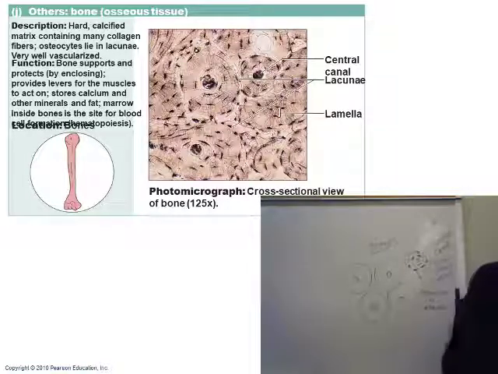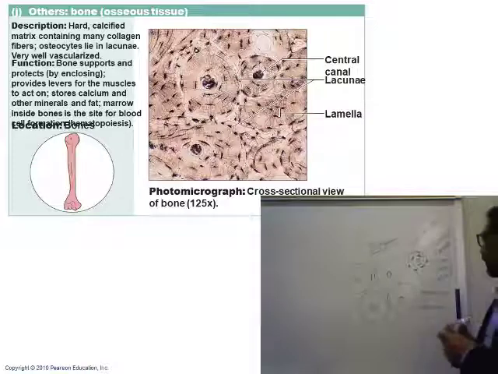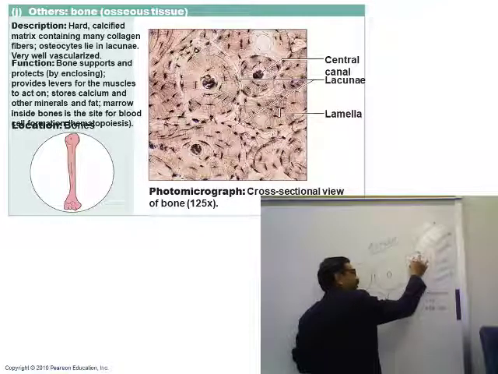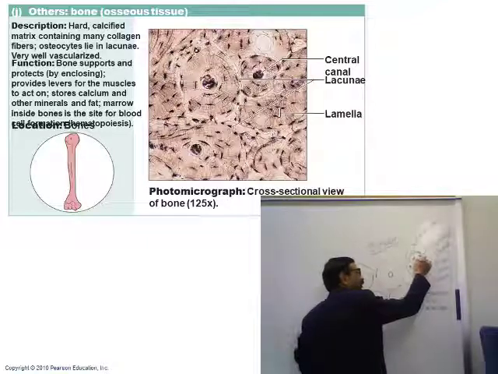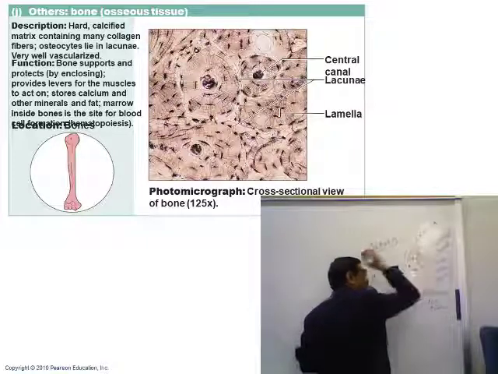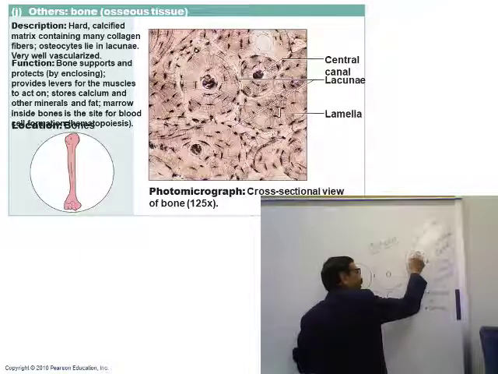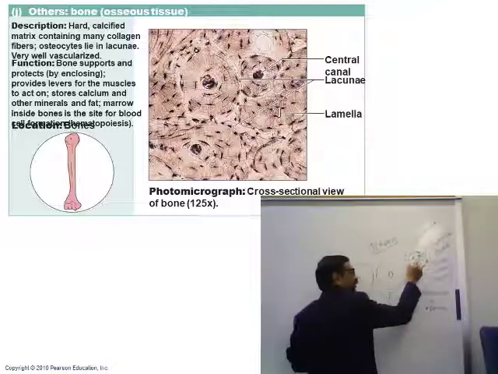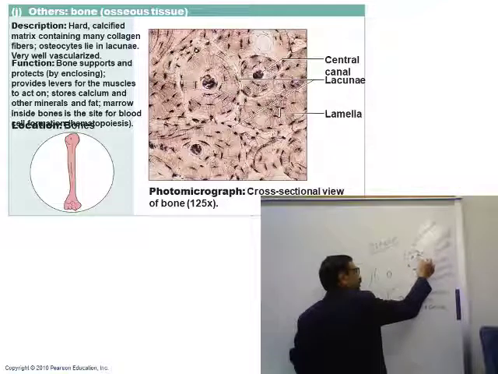Another thing, lacunae are connected to the central canal by very fine channels like this, thin hair-like channels connect the central canal and lacunae, as well as fine channels connect lacunae to lacunae. So one lacunae is connected to another by those fine channels.